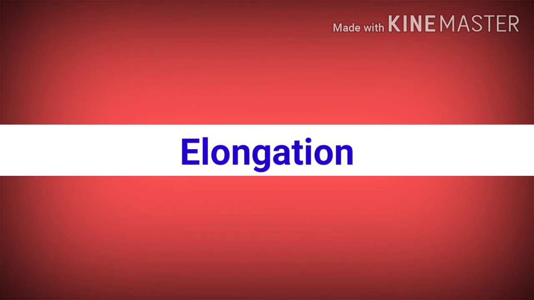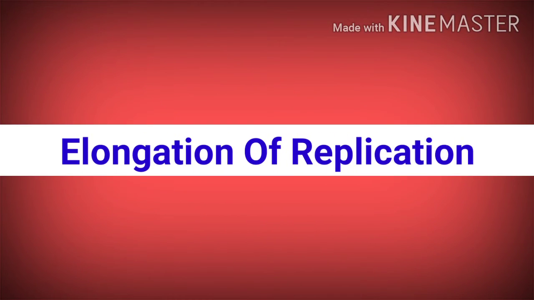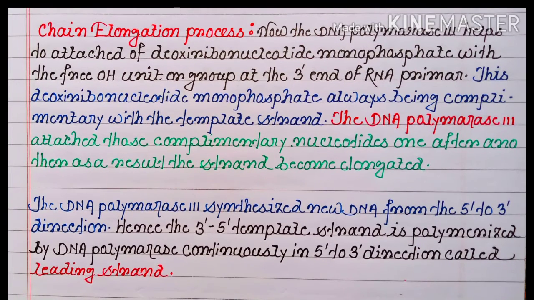Next, the elongation process. Now, after the formation of the replication fork, DNA polymerase 3 helps to attach deoxyribonucleotide monophosphate to the free OH group at the 3' end of the RNA primer.